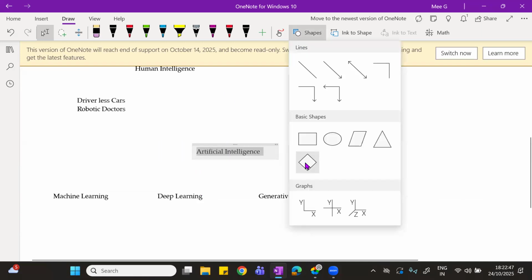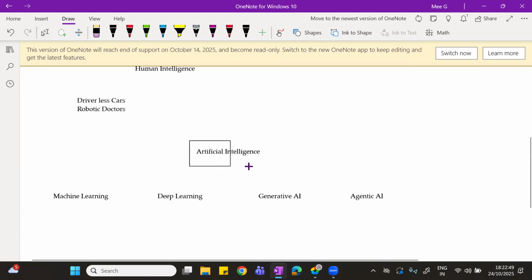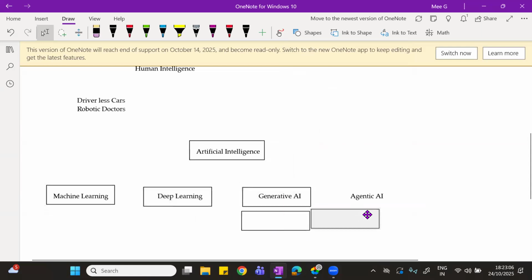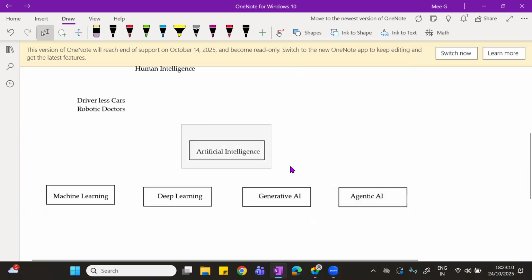So this is my AI, and this is my ML, machine learning. This is DL, generative AI, and agentic AI. Now, these are the 4 different ways of implementing our AI.